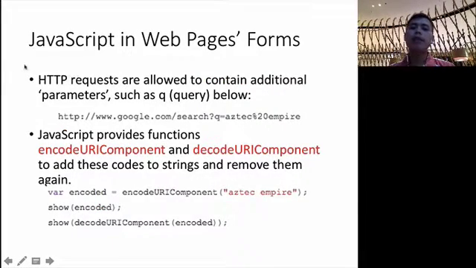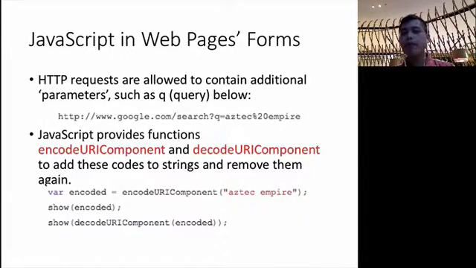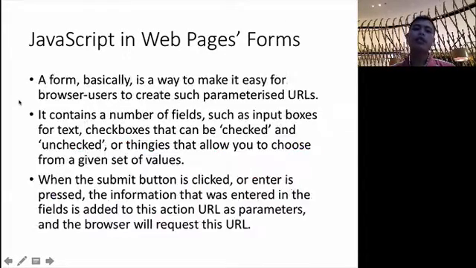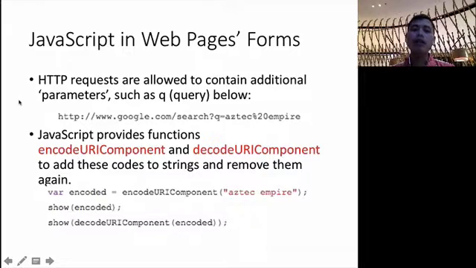Another application of JavaScript in web programming, and probably one of the most commonly sought after uses, is on forms. HTTP requests are allowed to contain additional parameters such as q, or query, below. You can see here that there's an HTTP protocol and a URL. After search, you can see here q.